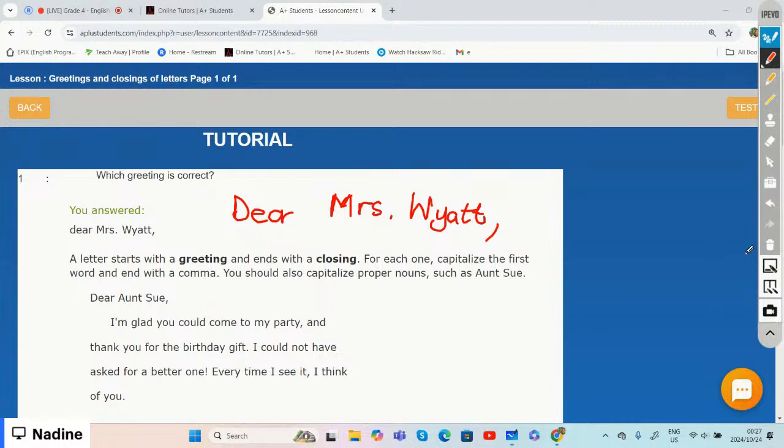So, Dear Mrs. Wyatt: Dear needs to be capitalized, Mrs. capitalized, followed by a period, and then Wyatt, the surname, followed by a comma.